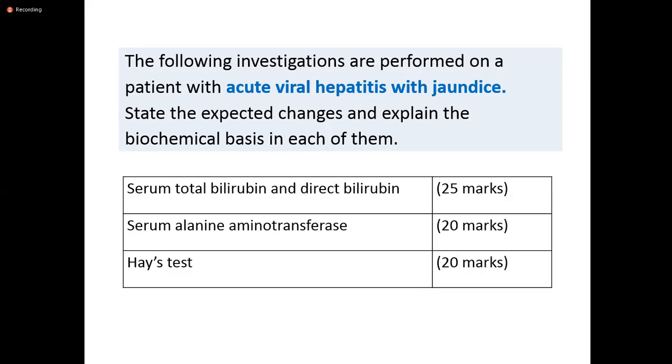So, direct bilirubin concentration in serum is increased. Normal direct bilirubin concentration in the serum is below 0.3 milligrams per deciliter. But in this condition, it goes above 1.2 milligrams per deciliter. That's it, madam.